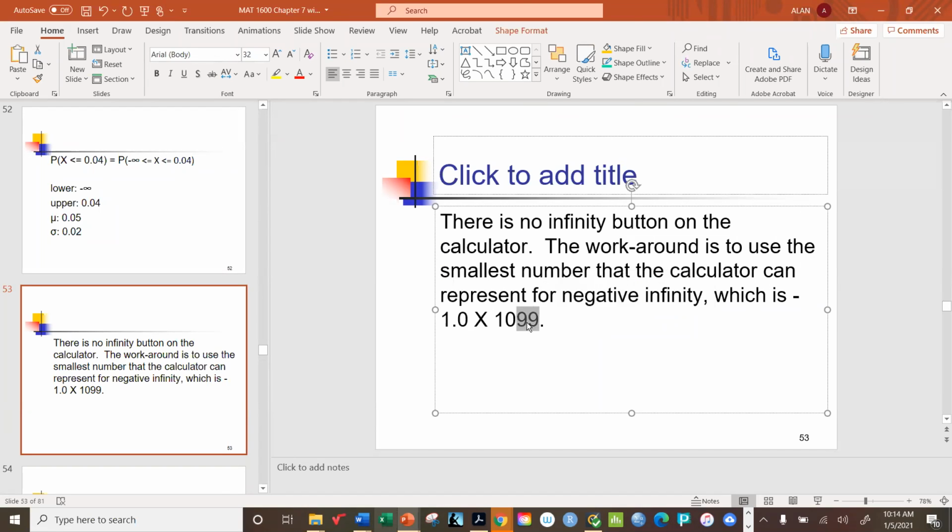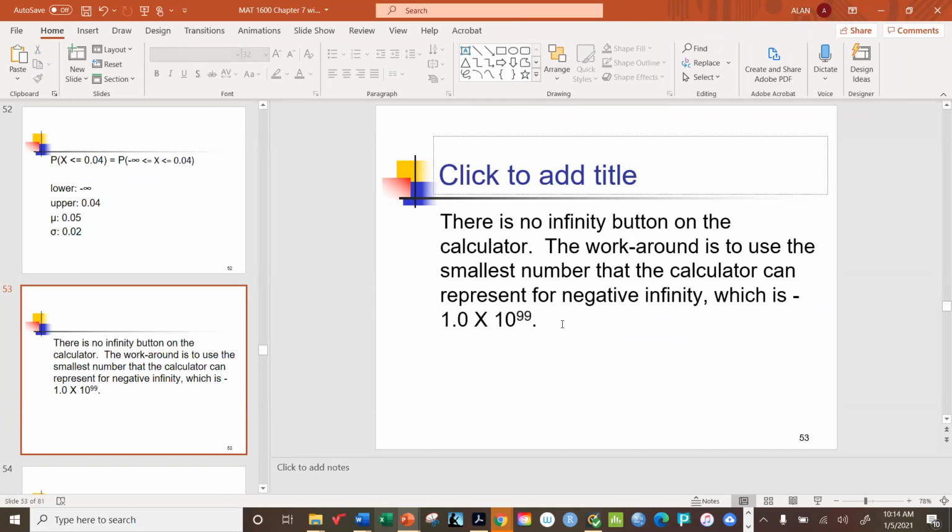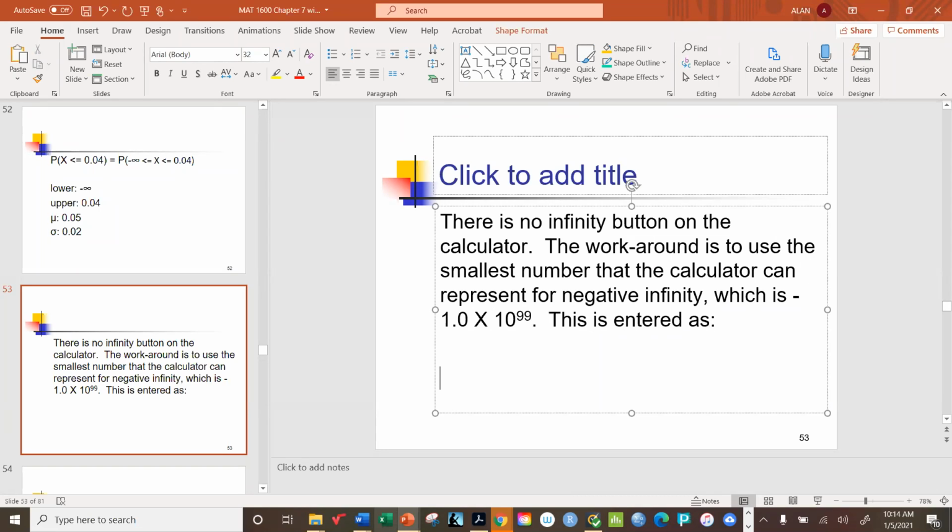So how do we represent that on the calculator? Okay, this is entered as, okay, so you hit negative second comma 99. This will show up as negative E99. All right, so if you go to the lower limit on your calculator and you type negative second comma 99, actually, I just noticed something.